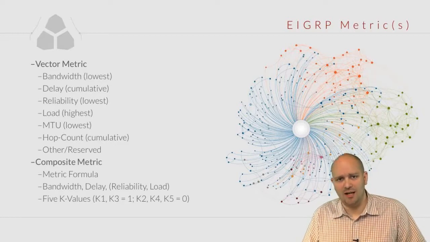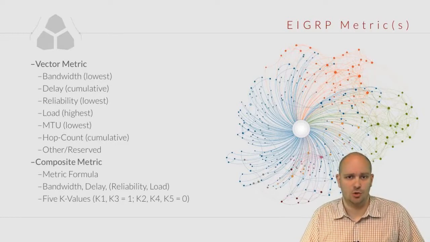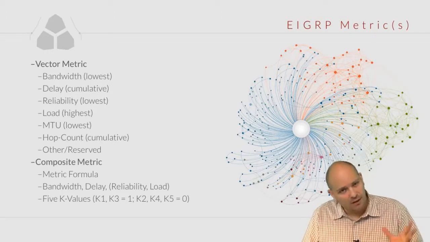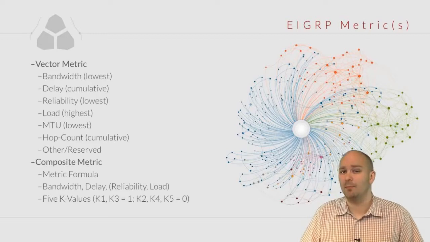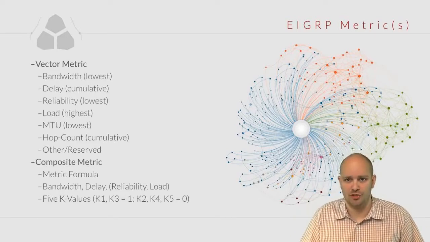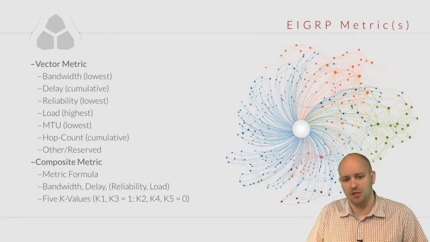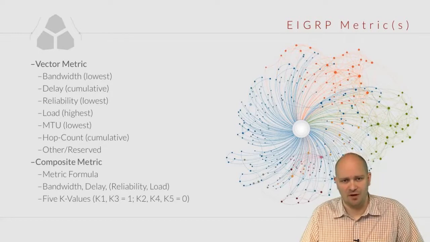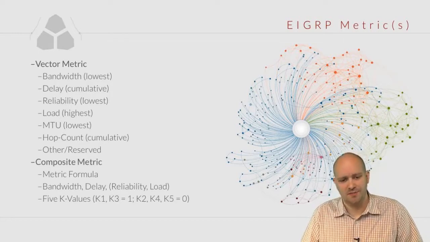These values are then used in conjunction with the so-called K values, and there are 5 K values, and depending on the IOS version you might actually see K number 6 as well, which is going to be used with those other reserved metrics in some applications that really have nothing to do with routing of IP traffic. They have to do with something else.